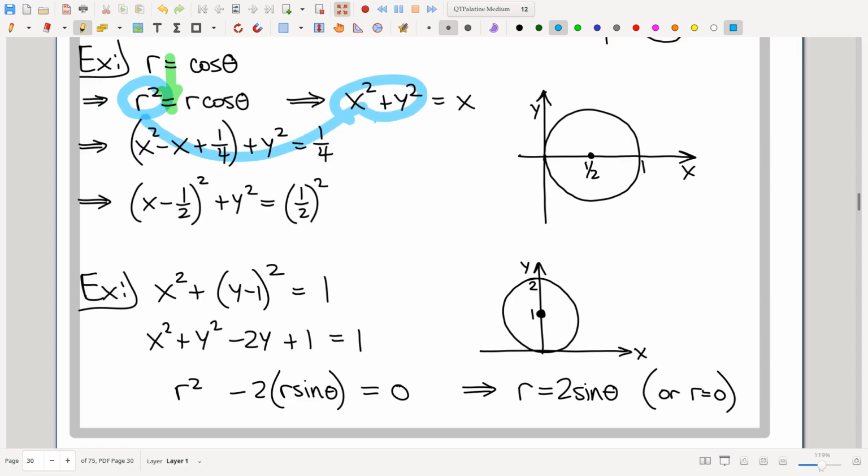That's the wrong move in this case, because if you square both sides, this would turn into cosine squared theta, and I don't know how to write that in terms of x's and y's. The slick move here, as I've done in green, is to multiply both sides by r. It's a different way to make r squared show up on the left.